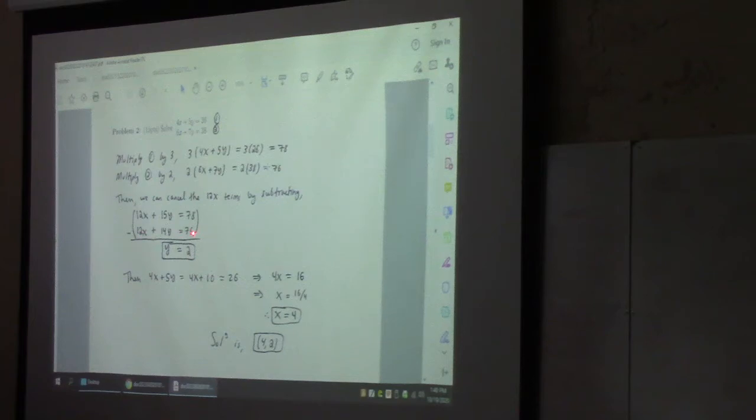Again, I subtract the equations, and this time I get y equals 2. And then if I plug that 2 into either one of these equations, I should get x equals 4 from it. So, any questions? Okay.